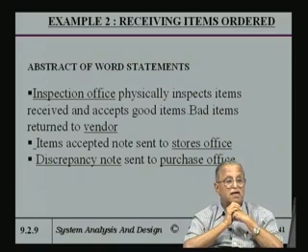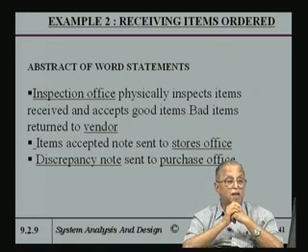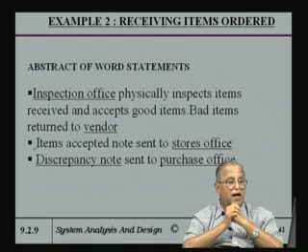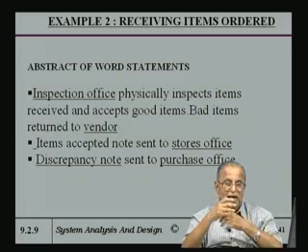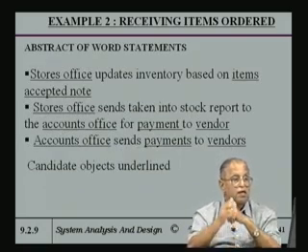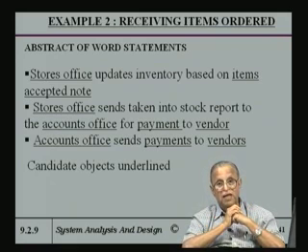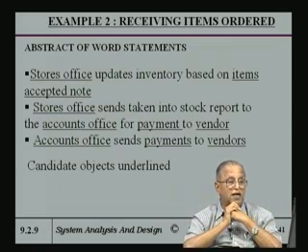The inspection office physically inspects the items received and accepts good items, which we said earlier, and bad items are returned to the vendor. An items accepted note is sent to the stores office. The stores office gets the items accepted note, while the discrepancy note is sent to the purchase office. The stores office will update inventory based on the items accepted note. Whenever inspection inspects and accepts, the stores will update the inventory.